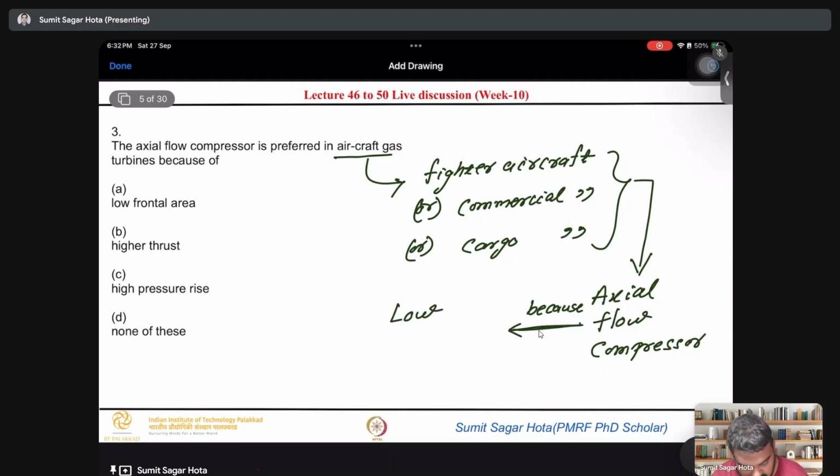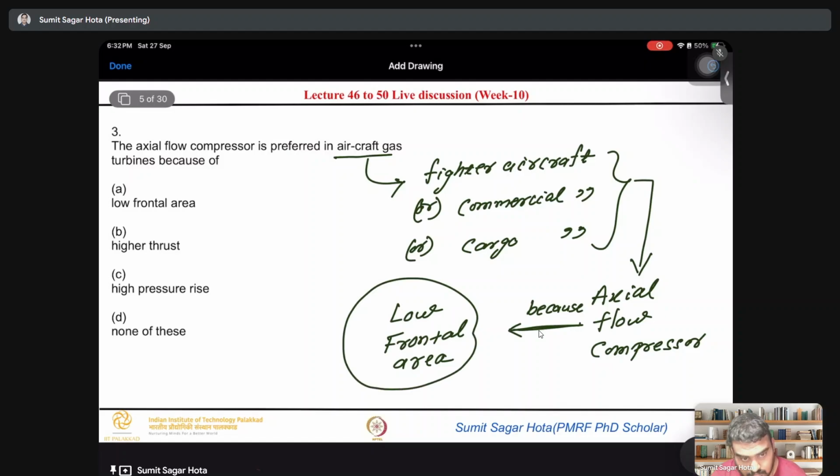Low frontal area. Because of low frontal area, the axial flow compressors are used in the fighter aircraft, commercial aircraft, or cargo aircraft.